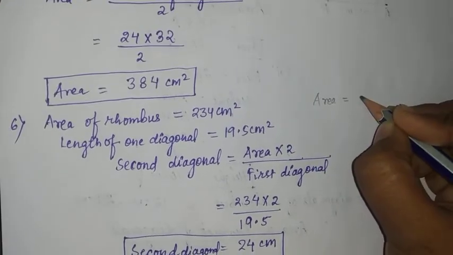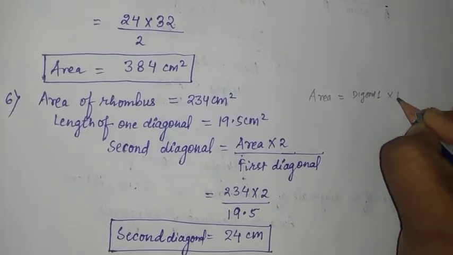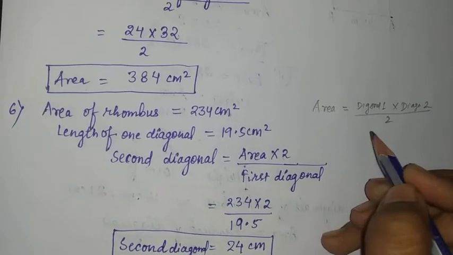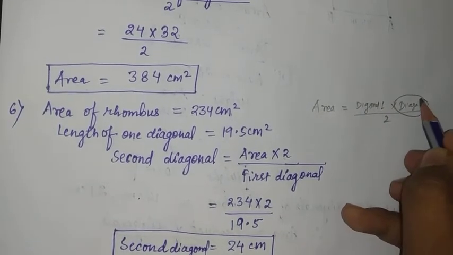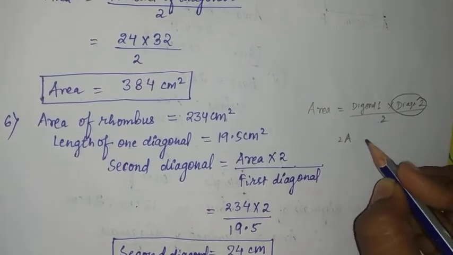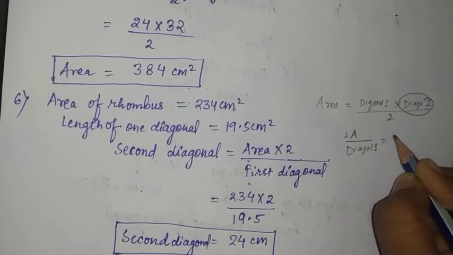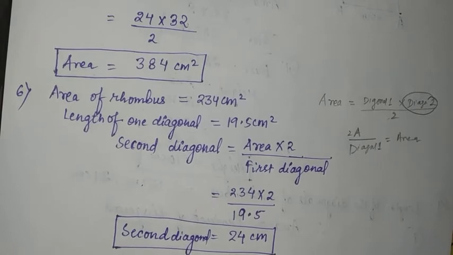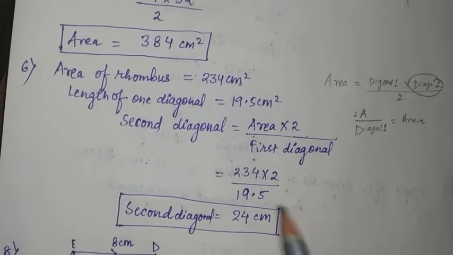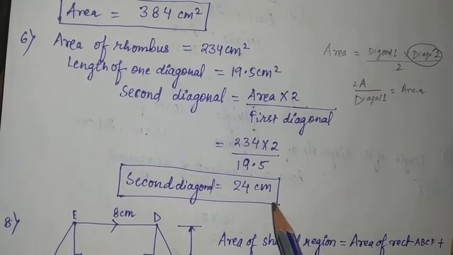Area will be equal to diagonal 1 into diagonal 2 upon 2. So if one diagonal is given to you, then the formula will become 2 into area upon diagonal 1. Clear? So that is why this formula becomes in this way. So 234 into 2 upon first diagonal is 19.5. So second diagonal will be equal to 24.